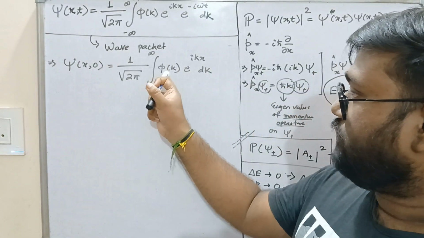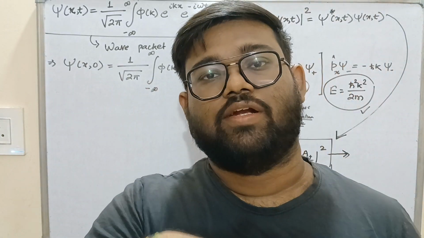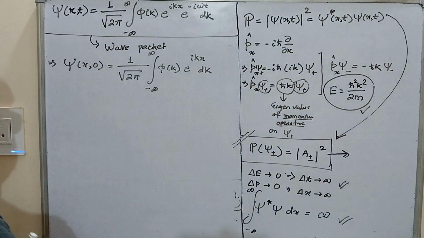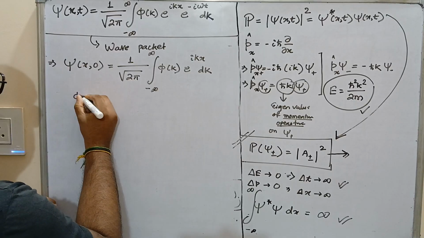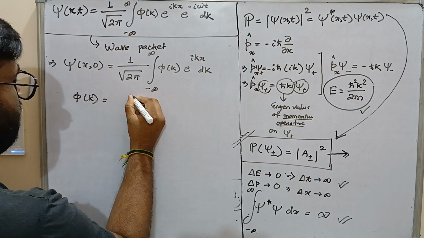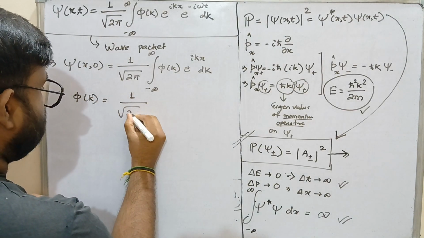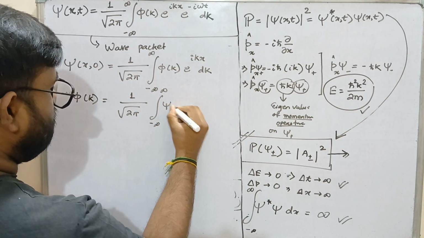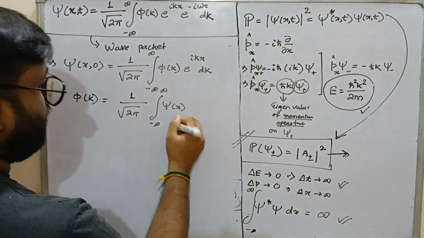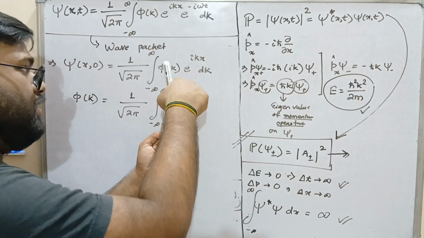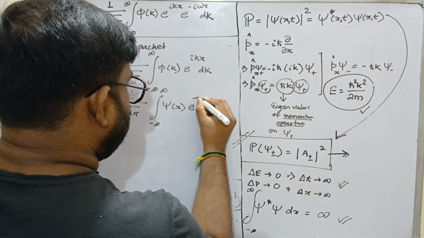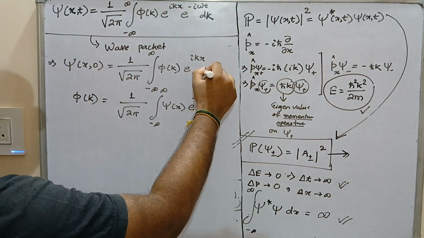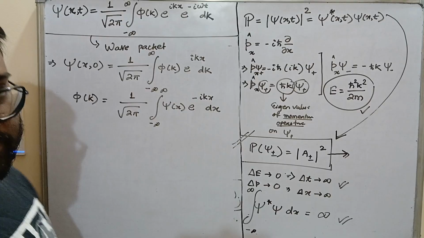Now how do we calculate this? This is calculated by using Fourier transformation, which is one of the most fundamental chapters of physics. Here we define phi of k as 1 by root 2 pi, integral from minus infinity to plus infinity, psi of x at time 0, e to the power minus i k x dx. Here it was dk, here it will be dx.